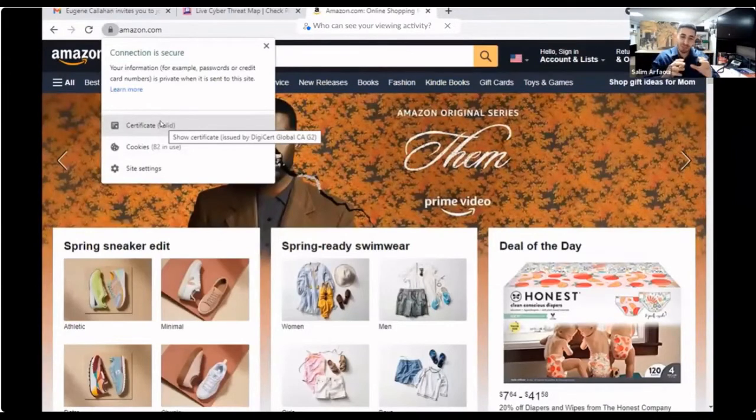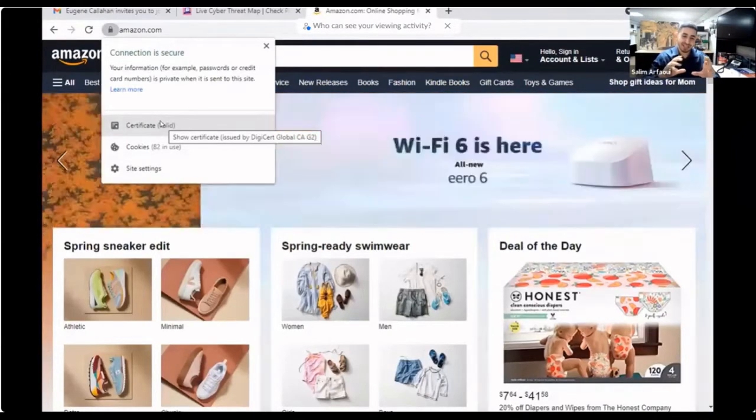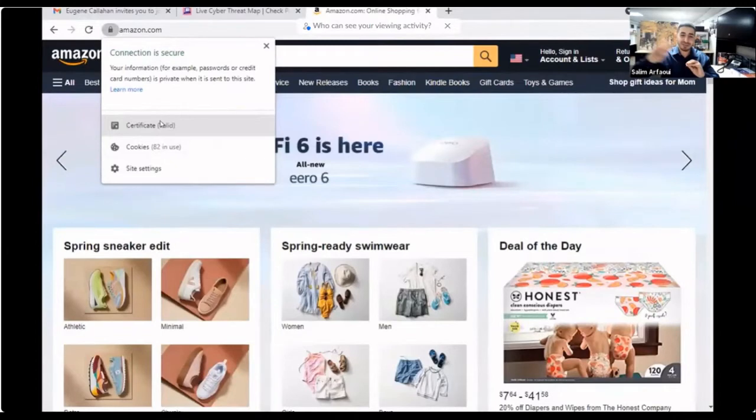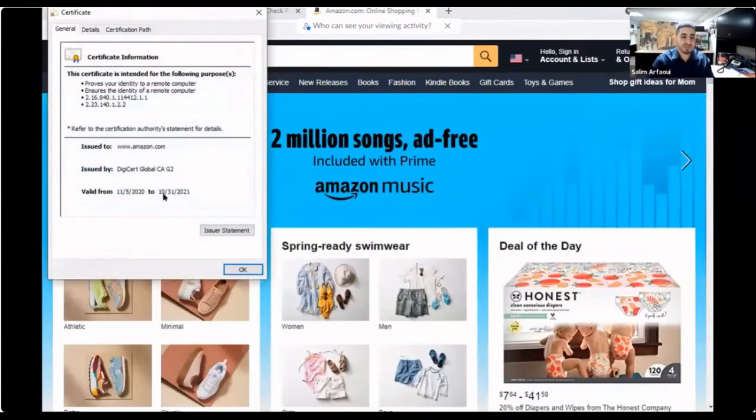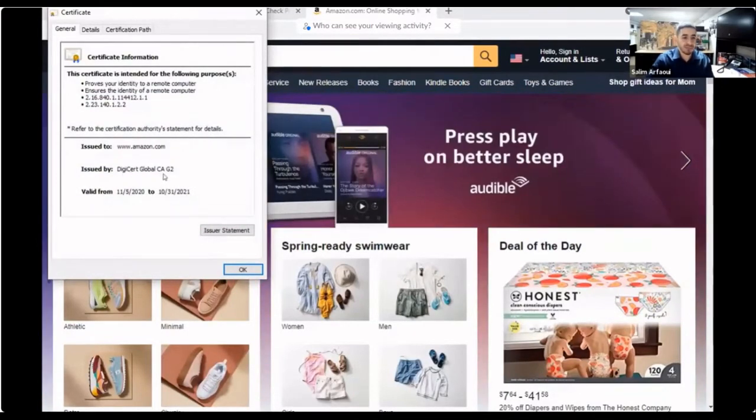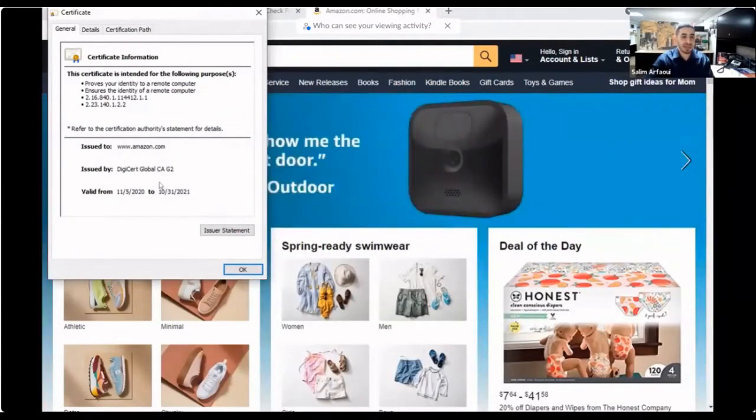And usually, it's not you as a user who's checking for these certificates. It's really your computer, your client. That's the client that is checking if the server that they're communicating with has a legitimate certificate. This certificate, when you click on it, is issued by GlobalSign, let's say CA G2, and it is issued to Amazon.com, and it's valid from this date to this date, and so on.